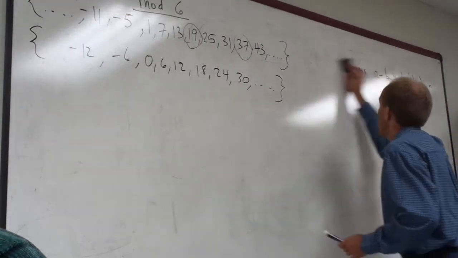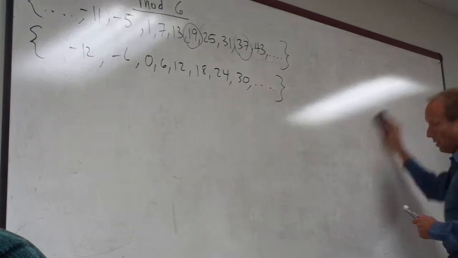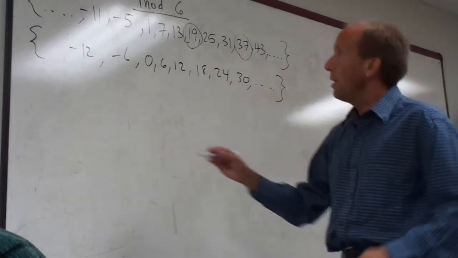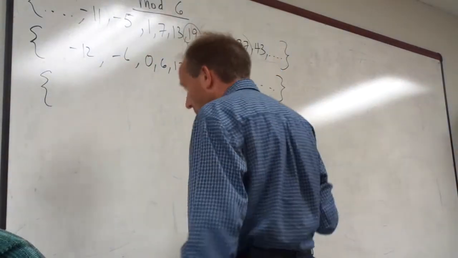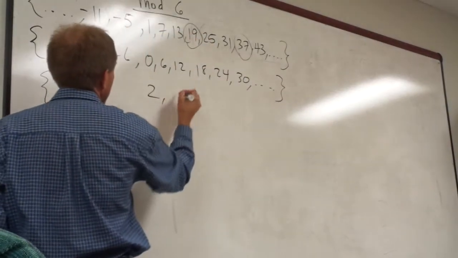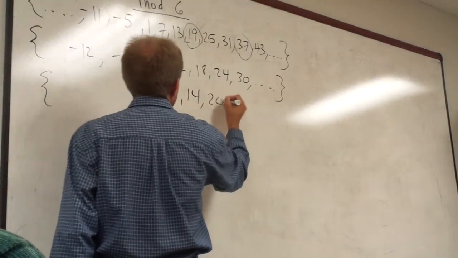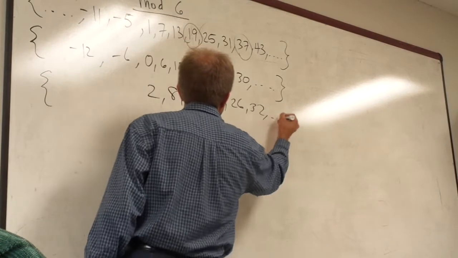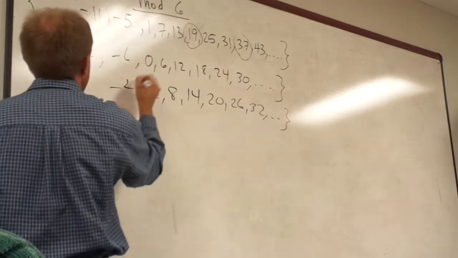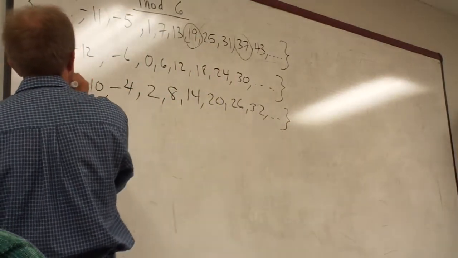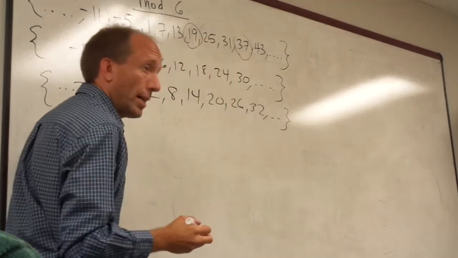Let me just erase this part right here for a moment. Another example of a congruence class here would be this one: 2, 8, 14, 20, 26, and so on. And it goes both ways. Okay, so that's another congruence class.